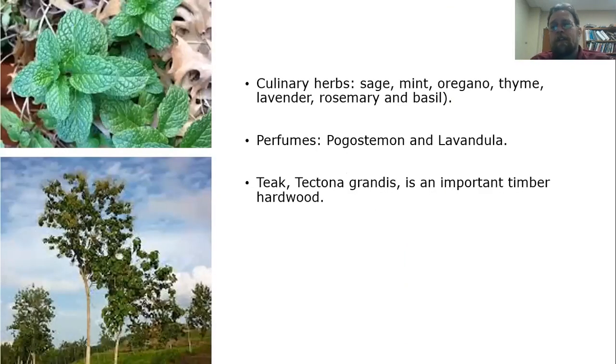Where we really know the Lamiaceae, or the mint family, from are a lot of our culinary herbs, like mint, sage, thyme, lavender, basil, all very important herbs that we use in cooking and that work fantastically in the home landscape as parts of our gardens. An interesting other member of the mint family, if you've heard of teak wood.